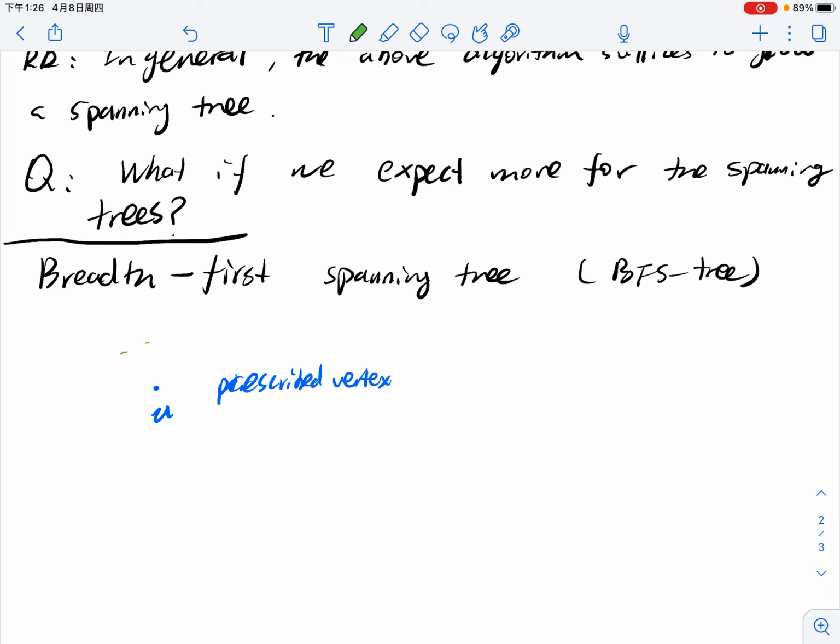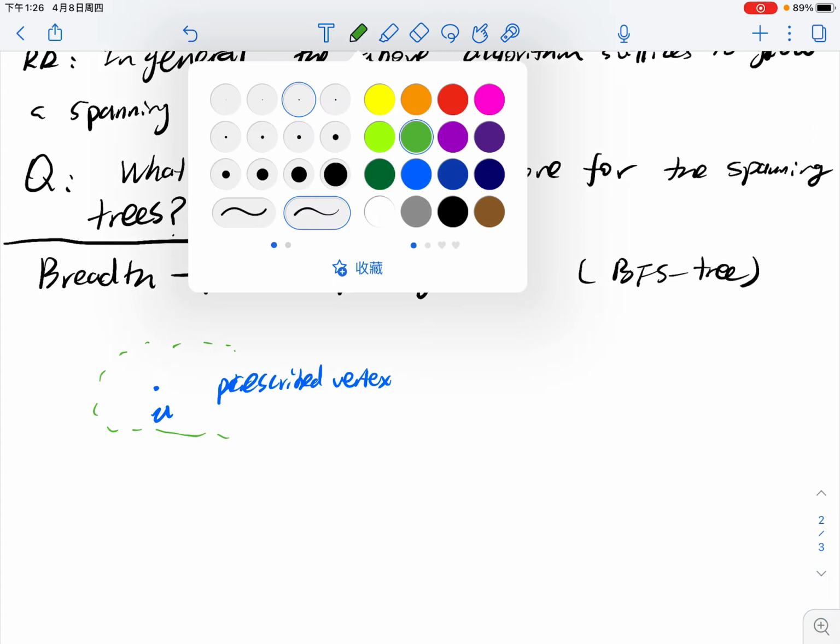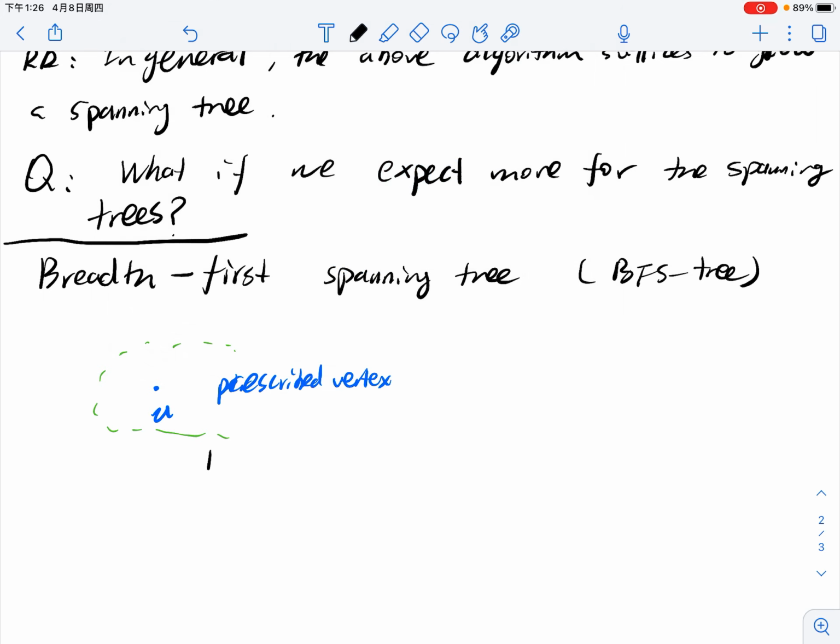When you construct the tree, we include first those with distance 1 from u, and later on we will call this d(x).